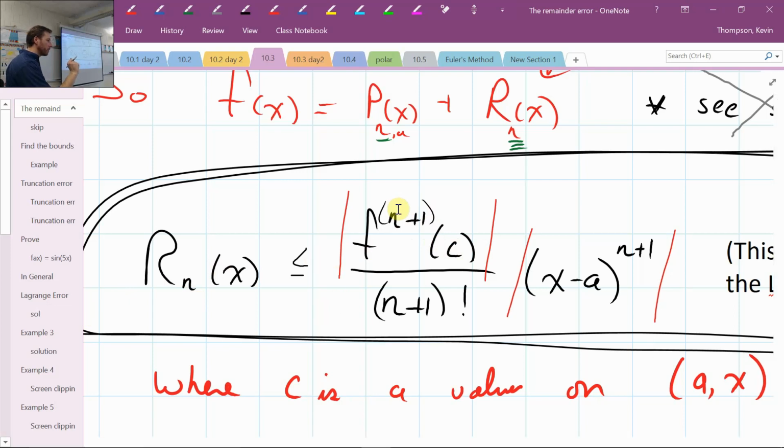So the next derivative. Now, what is this c all about? Remind me about that. It has to be on the interval. Yep. We want it to make the function as large as possible. Exactly right. It should be on the interval, and we want to make it as big as possible.